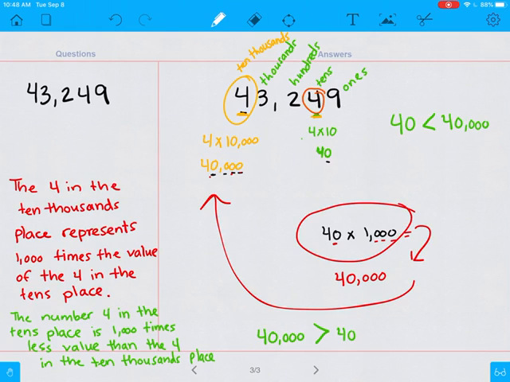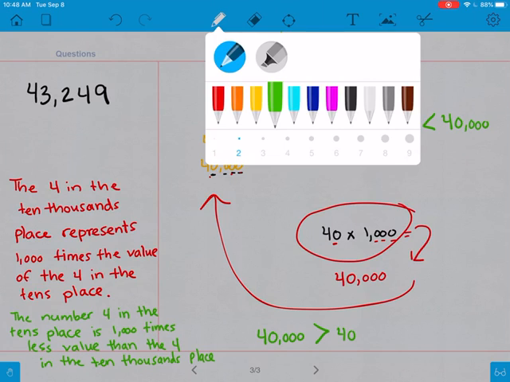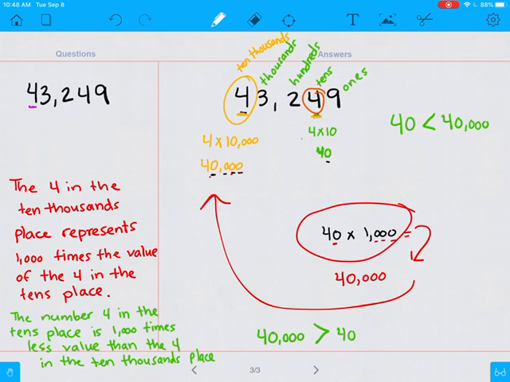Another way you can do this, so let's come back over here to this. Let me use another, let's do pink. So here we have, I better stay consistent, this is our yellow 4. This is our orange 4. Another way you can think about this is every time you move place values to the left, so you have here, this is tens, hundreds, thousands, 10,000s, you're increasing what those values represent by a factor of 10.